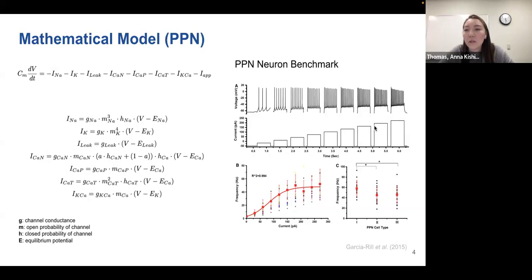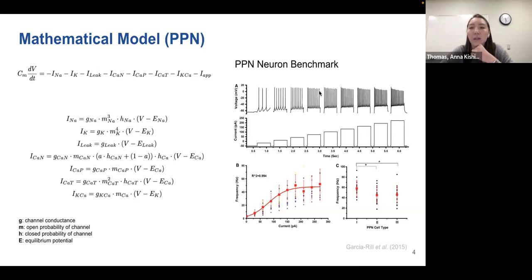And we can see here that, for example, in the last part of this figure, for an applied current of 200, 250 picoampere, the neuron fires very, very rapidly. So these are action potentials, each one of these vertical lines, but even these smaller ones, each of these is an action potential as well.